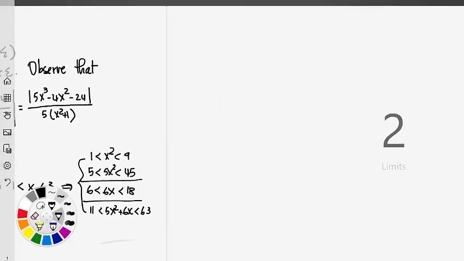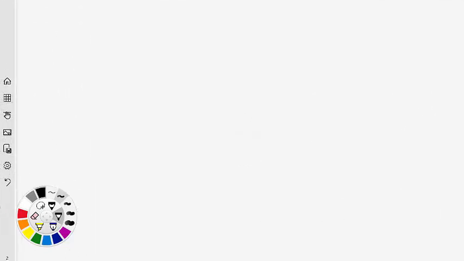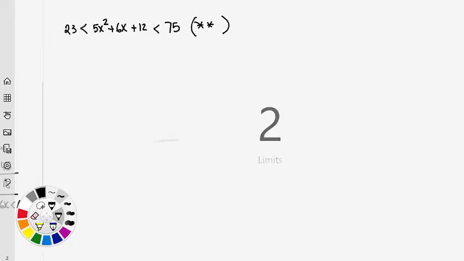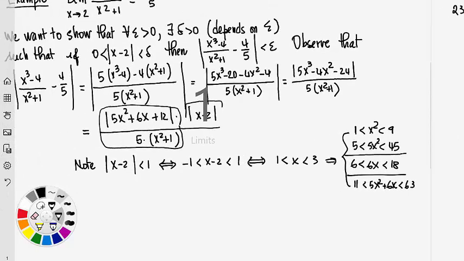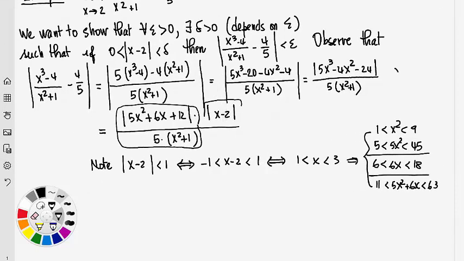Then I can add 12 everywhere, so we get 23 is less than 5x squared plus 6x plus 12, which is less than 75. I will call this double star, and I will call this quantity here star.